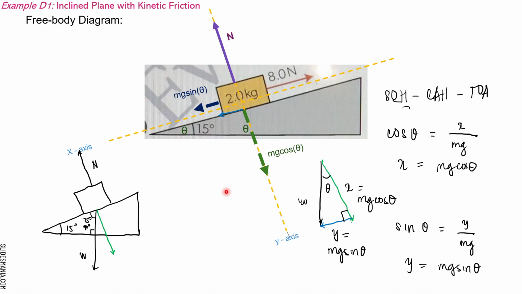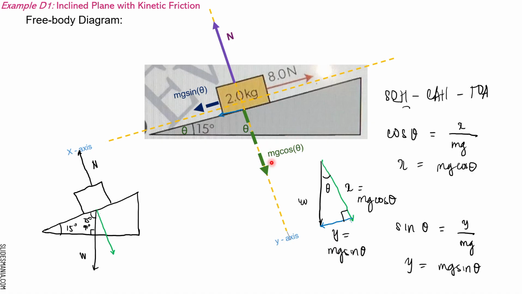So let me correct myself. I mentioned the x and y components. At this point, please ignore what I said. Whenever we're considering the weight of an object on an inclined ramp, there are no fixed x and y components, or the x and y components can change depending on our theta.